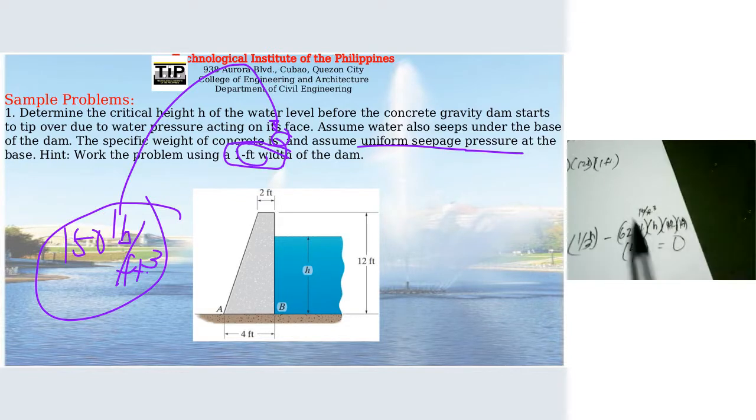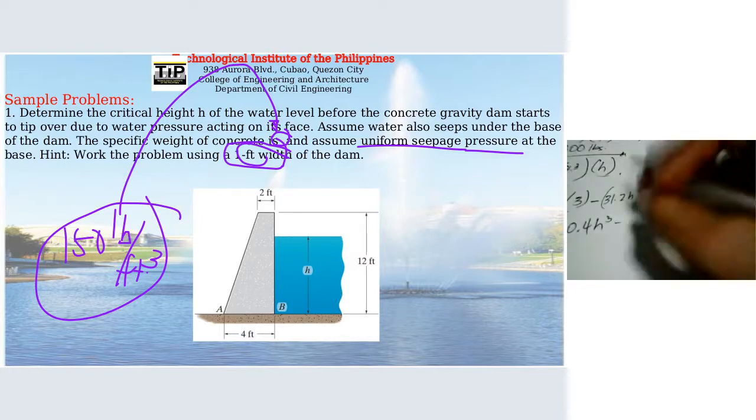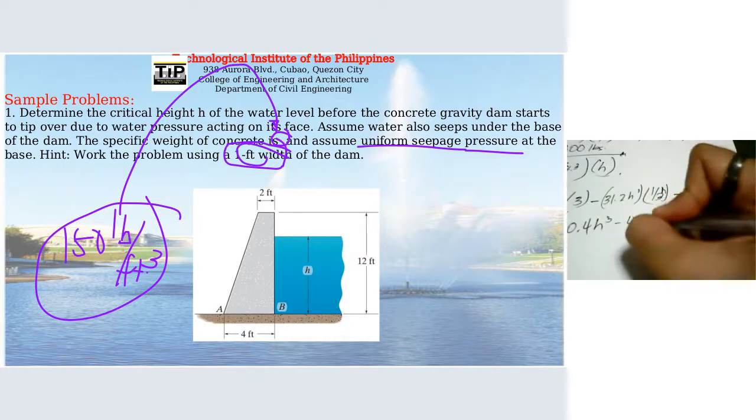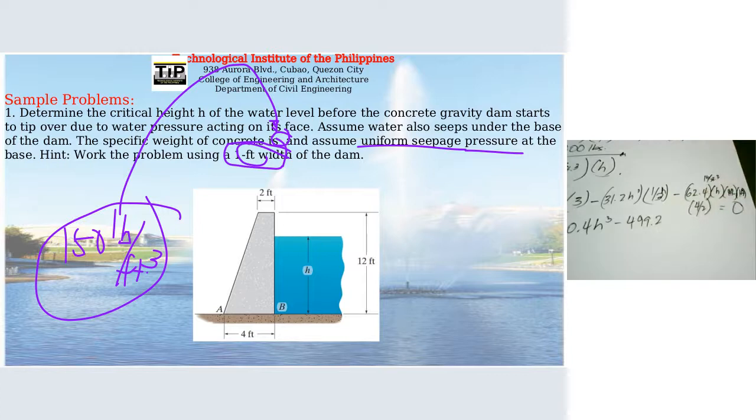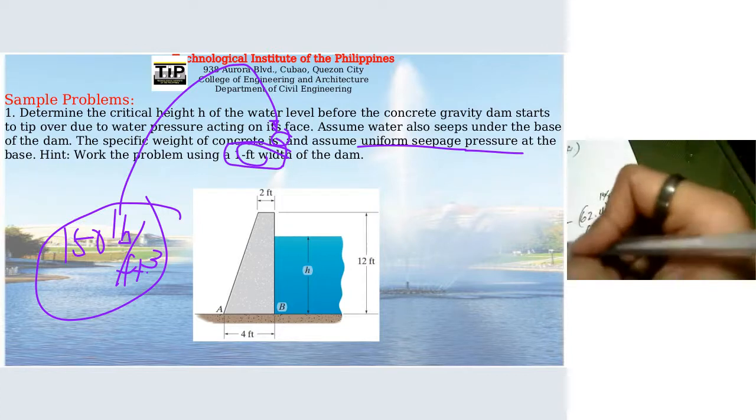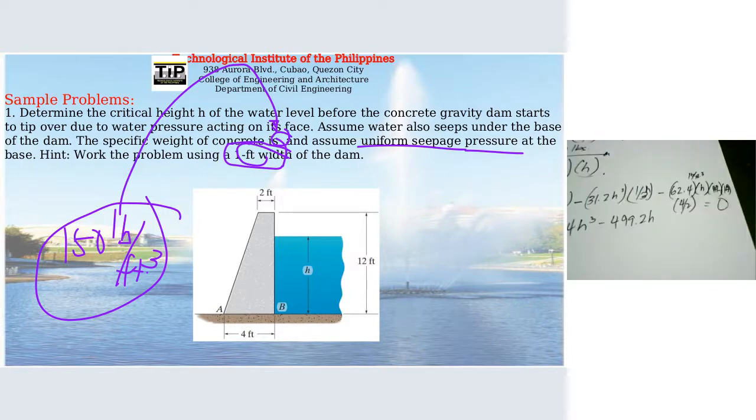Okay, so we have 62.4 times 4 times 2. This is 499.2. Then we have H equals 0.